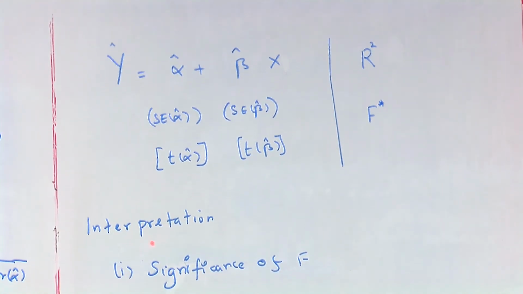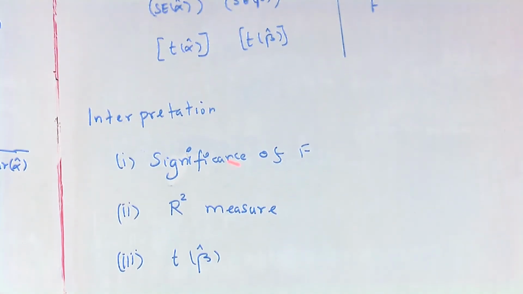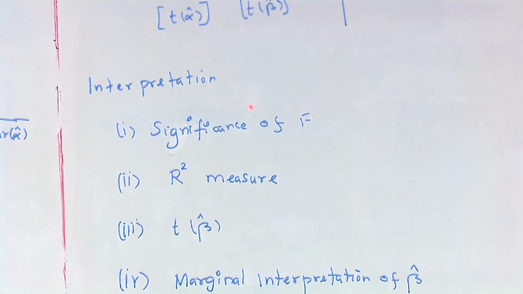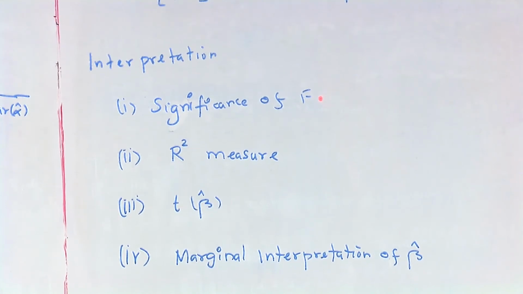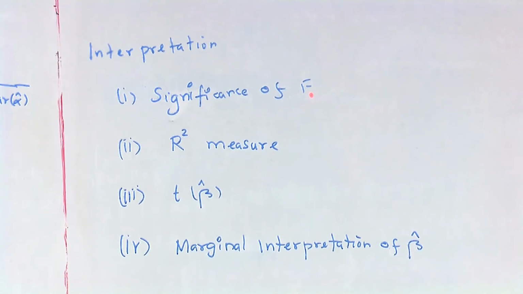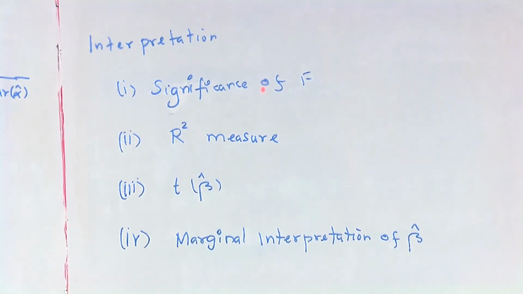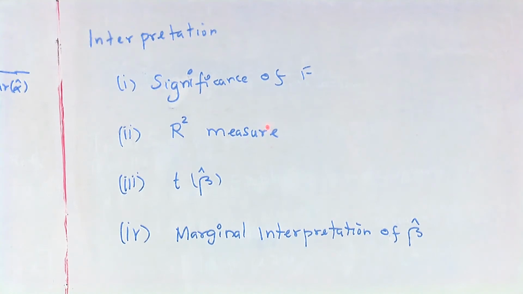The order of interpretation is as follows. First, the overall significance of F is evaluated. If the F star is significantly different from the critical value, then we will say the model is significant, otherwise the model is insignificant. Then we will interpret the R square measure for the total variation explained by the model.